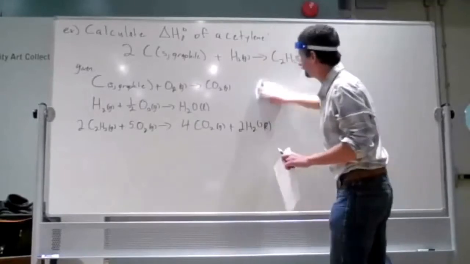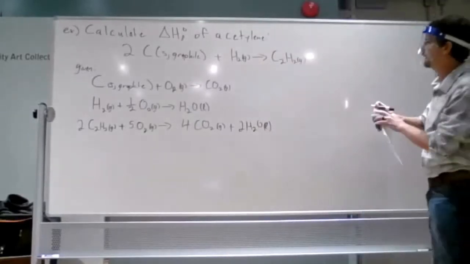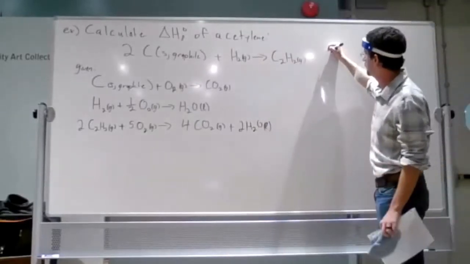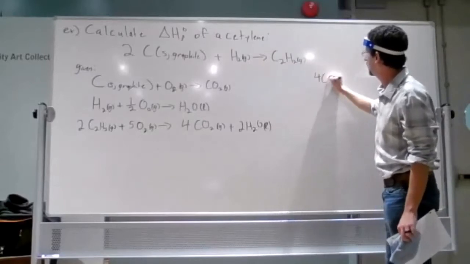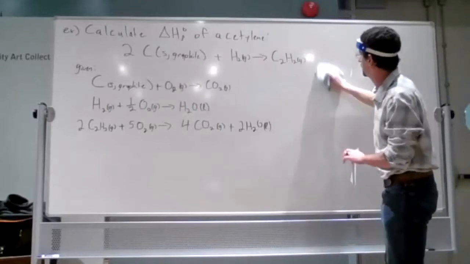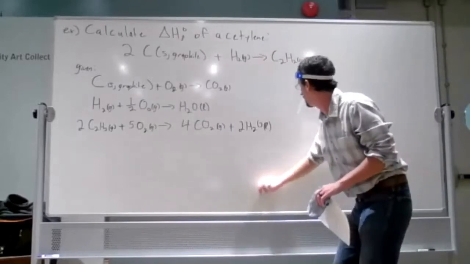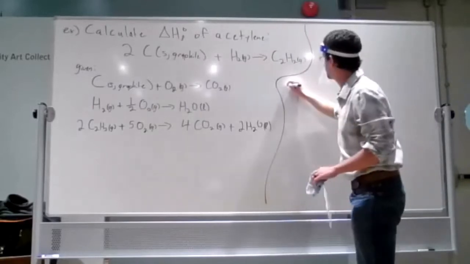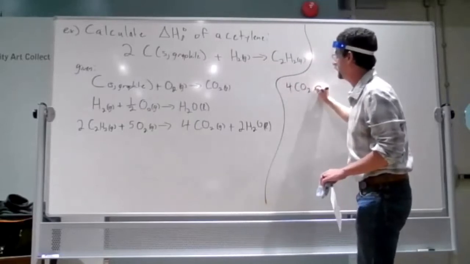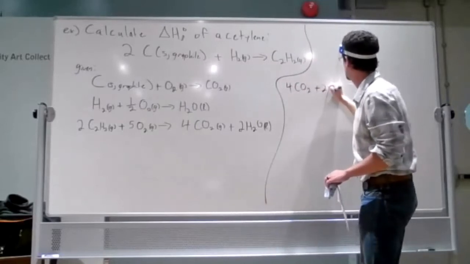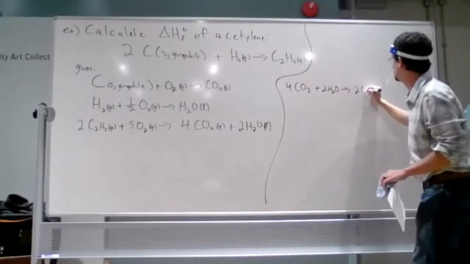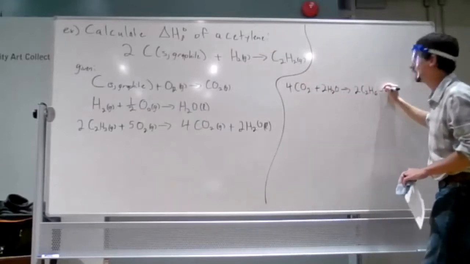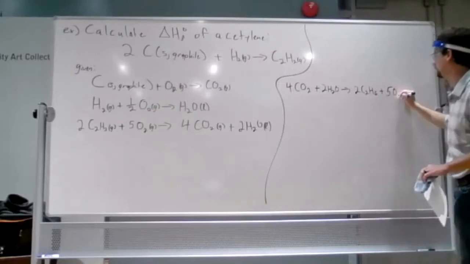All right. So this equation's got to get flipped. So we're going to flip it around. We get 4 CO2 plus 2 H2O gets us to 2 C2H6 plus 5 O2.